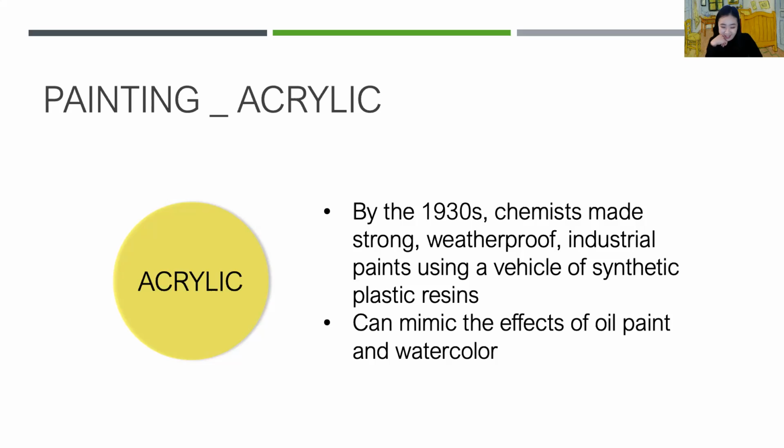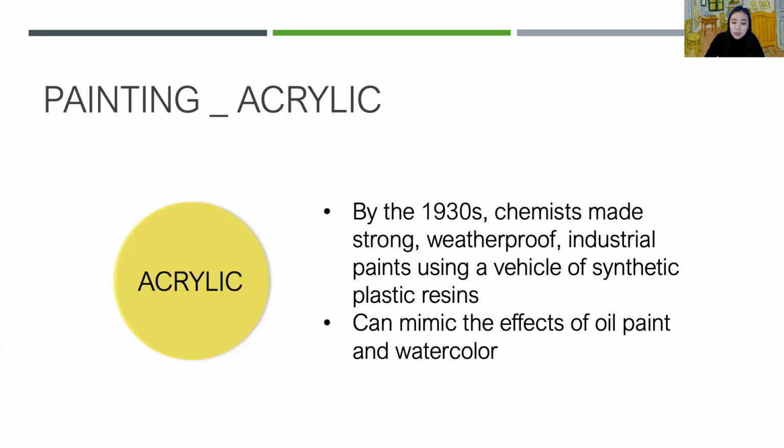Yes, exactly. So acrylic paint is the most recent paint type. The enormous developments in chemistry during the early 20th century had an impact in the artist's studio. By the 1930s, chemists had learned to make strong, weatherproof industrial paints using a vehicle of synthetic plastic resins.